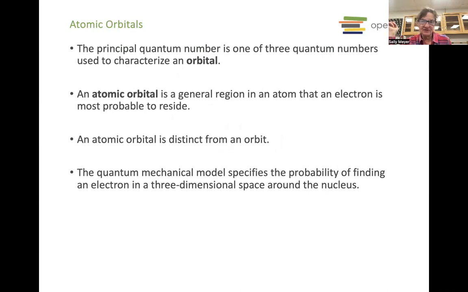An atomic orbital is distinct from an orbit. It doesn't mean that the electron is orbiting the nucleus at that radius. It simply means that you have a function, an atomic orbital, that gives you the probability of where you might find the electron. The quantum mechanical model specifies the probability of finding an electron in a three-dimensional space around the nucleus.